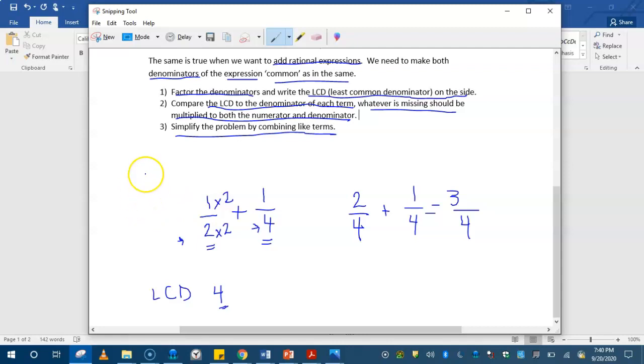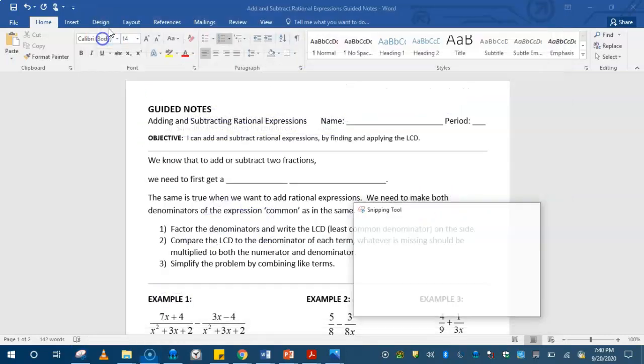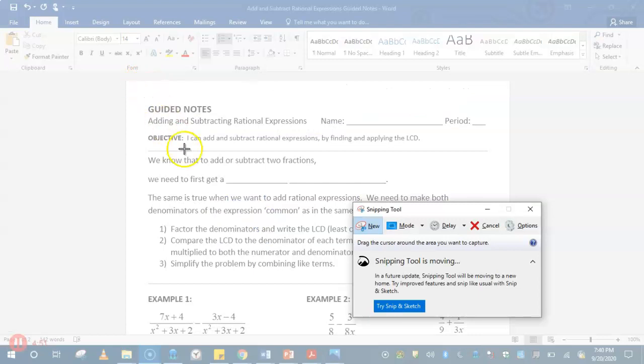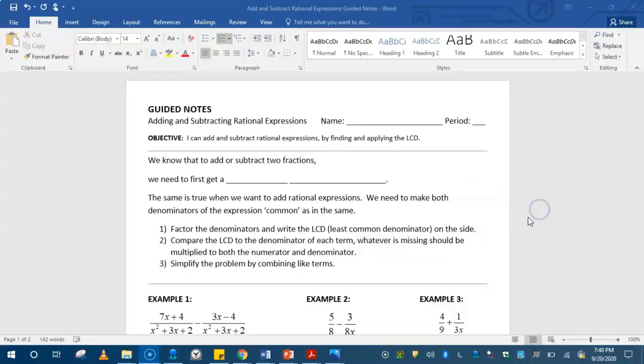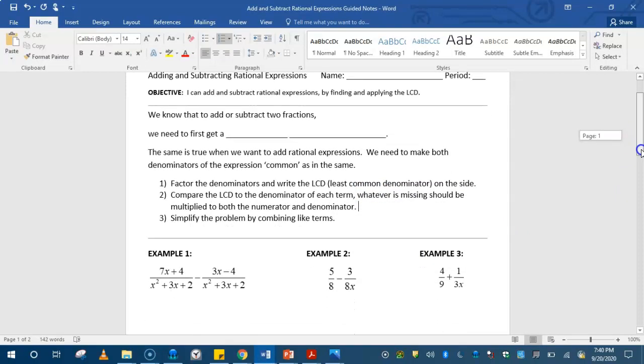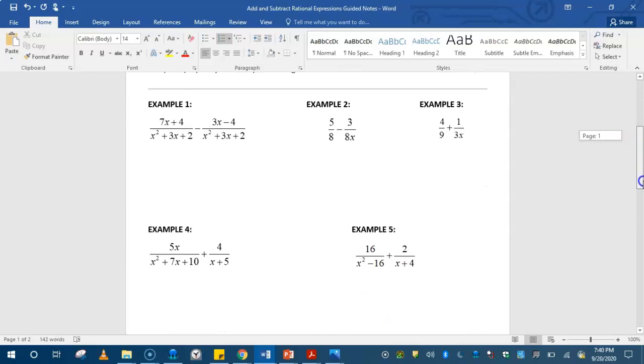So let's go through those same steps, just like we did with fractions back in fourth grade. We're going to go through the same steps with rational expressions. I am going to first move this up a bit. Let's see if I can move this up, and we can start looking at our examples.